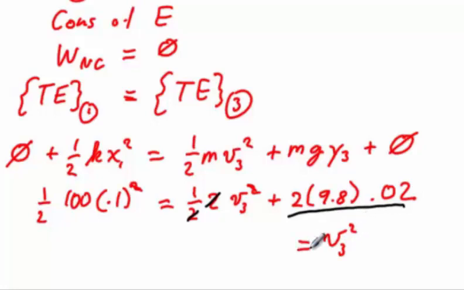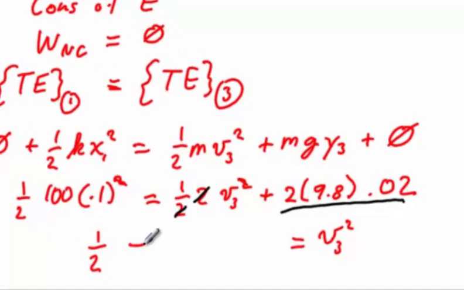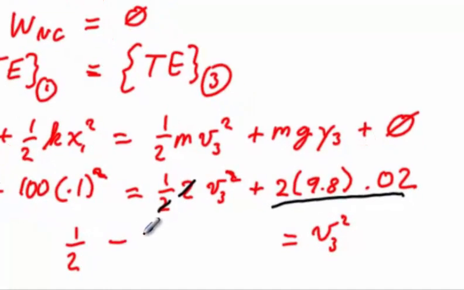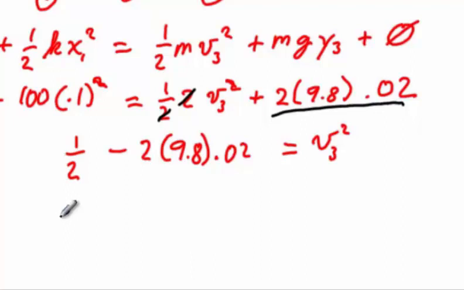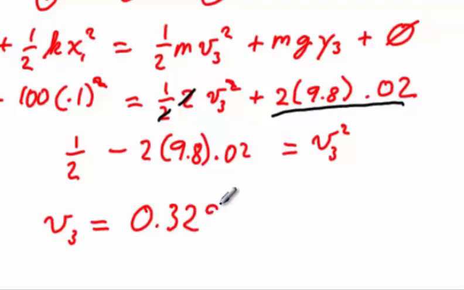On the left, we'll have the result from the spring potential energy minus the result from the gravitational potential energy, which is twice 9.8 times 0.02. And this leads us to the answer that V3 is equal to 0.329 meters per second.